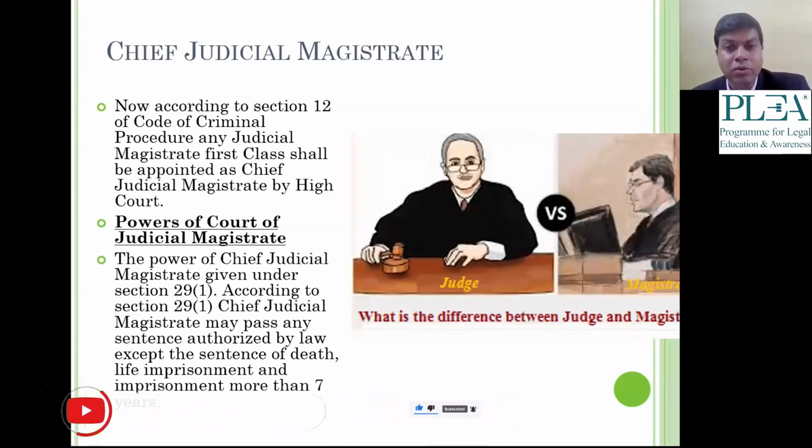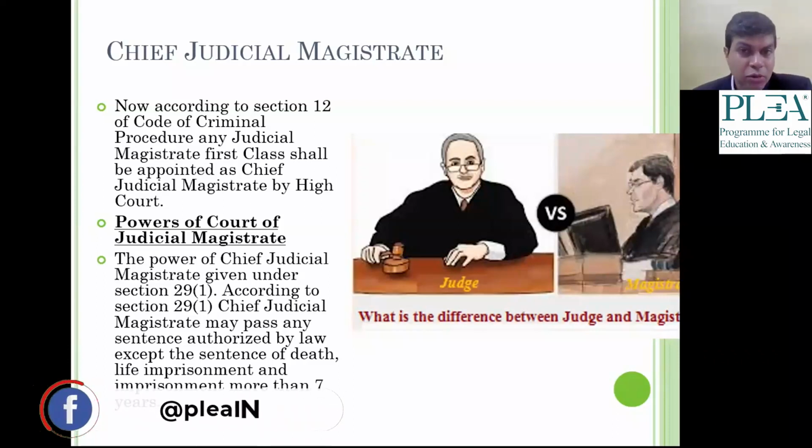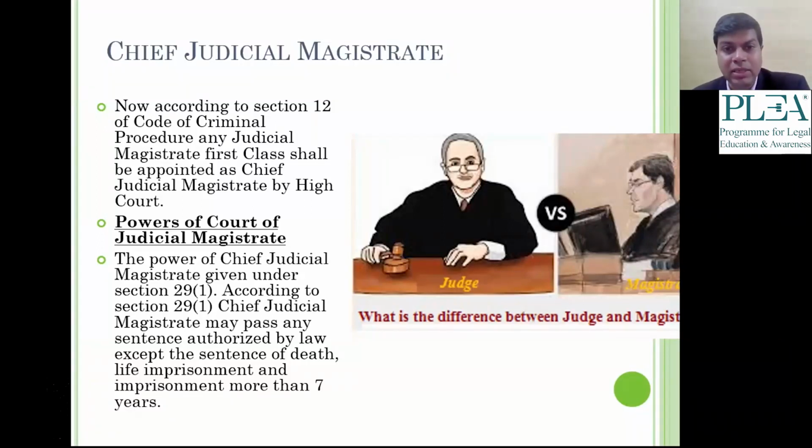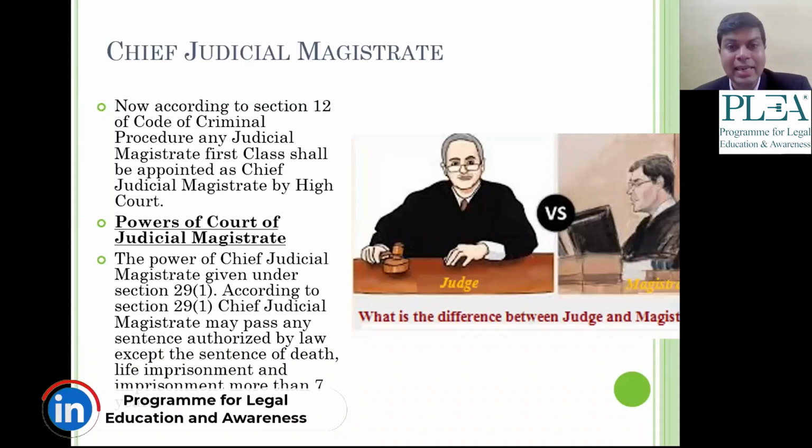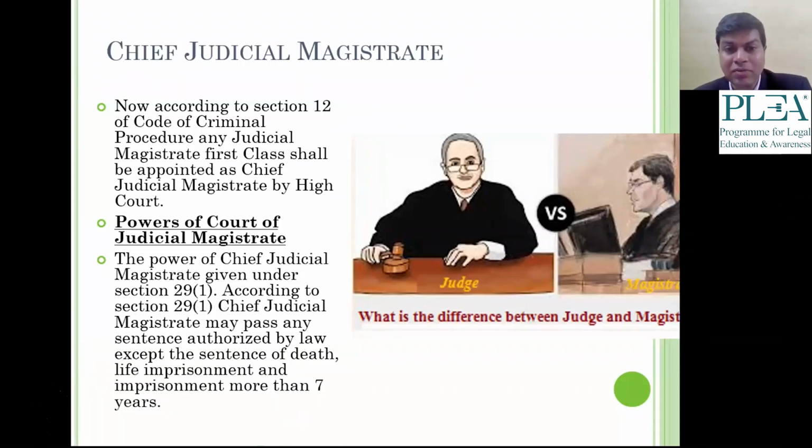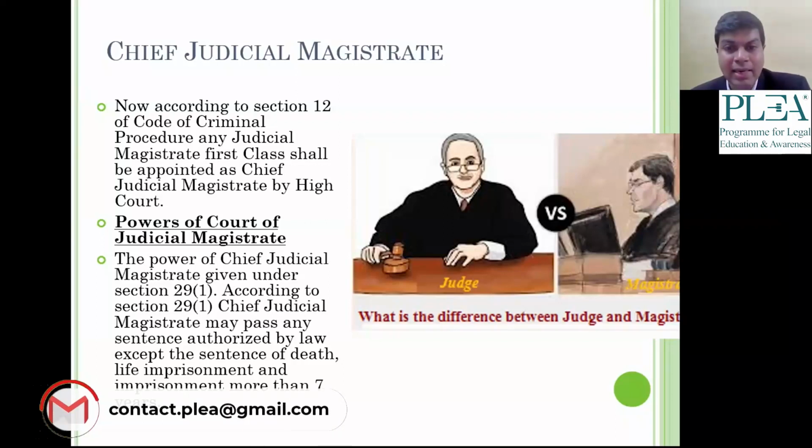Section 29 subsection 2 of the code deals with the powers of the judicial magistrate first class, who may pass any sentence authorized by law except the sentence of death, life imprisonment, and imprisonment of more than 3 years. And he may also impose a fine up to 10,000.